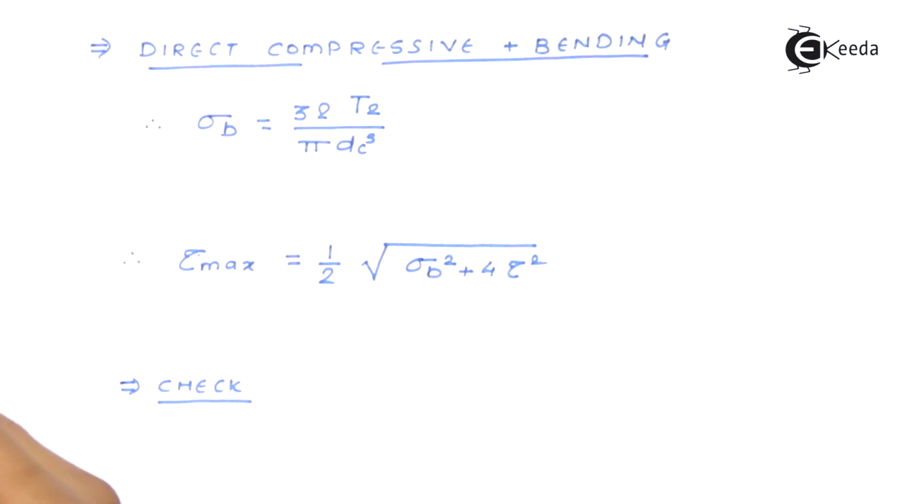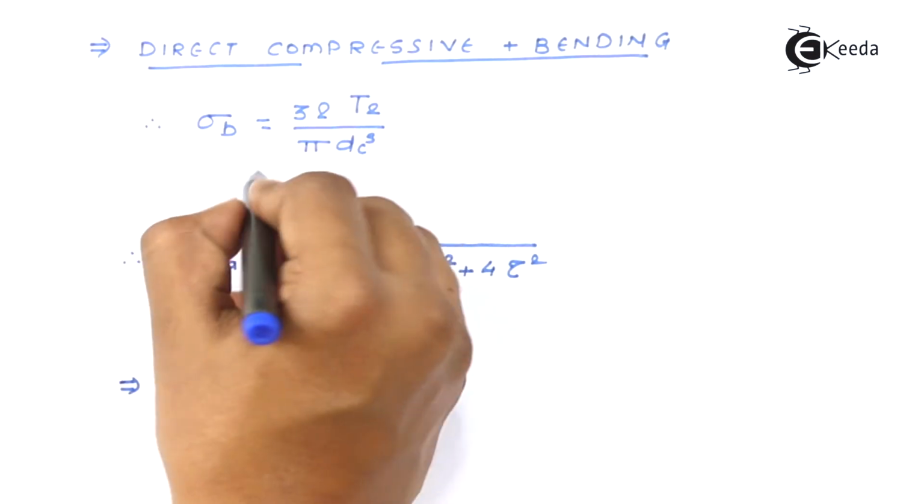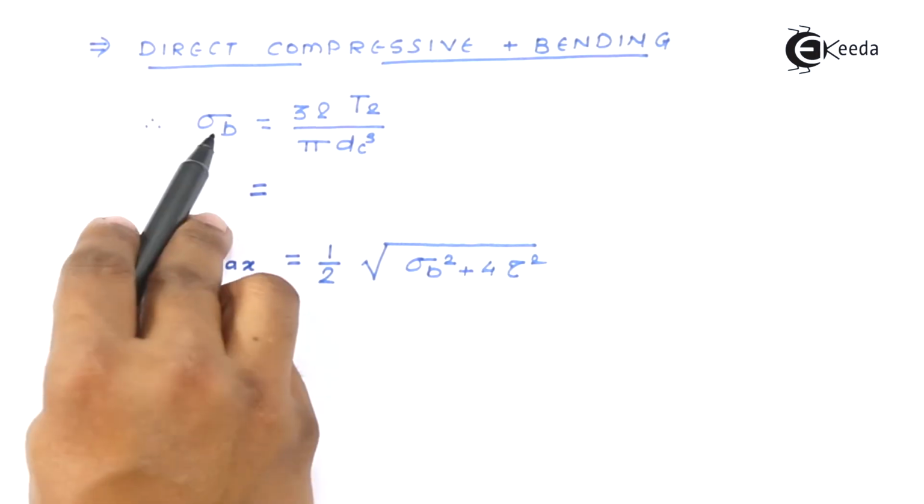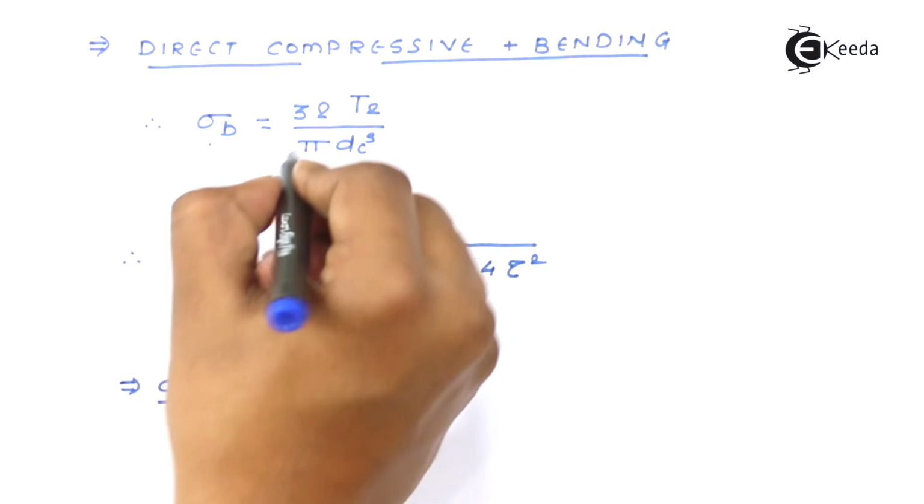Now there is another aspect also. The screw may fail under the direct compression as well as the bending also. So this different combination also we need to consider, and for that we have used the bending equation. So we have to find out the bending stress accordingly.